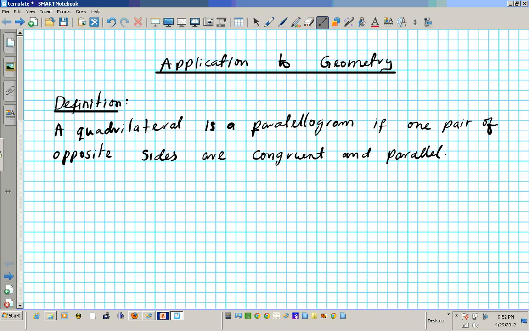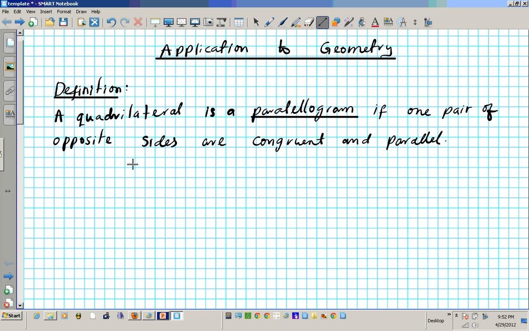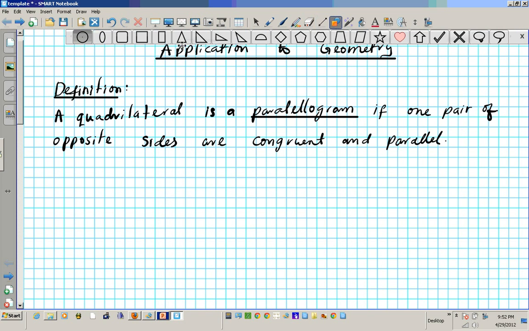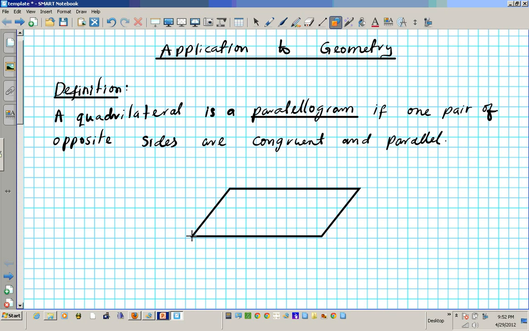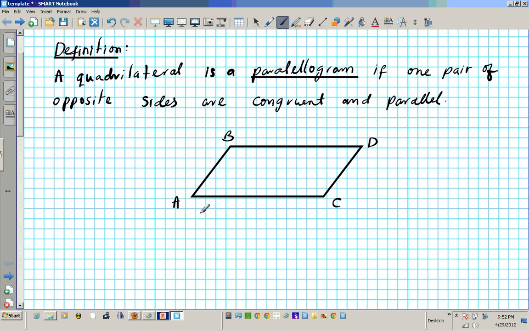All right, so the key word here is parallelogram. Okay, so with this definition, let's take a look at a diagram and see if we can have a symbolic perspective to the definition we just wrote. So let's just draw a regular parallelogram like this, and let's label the vertices, okay? So A, B, C, D. Alright, so what does our definition mean? It means that if I pick any two opposite sides, and I can show that they're parallel and congruent, then that's sufficient.